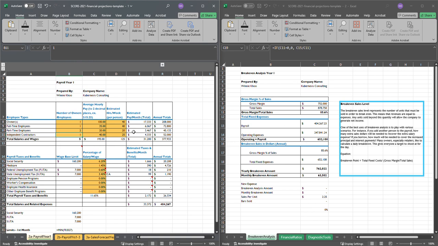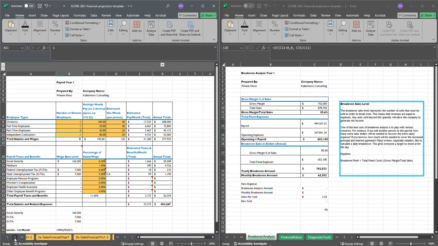So you can adjust different parts of this template and do different types of scenario planning. You can also run a super quick break-even point analysis to know if you can afford something very specific.